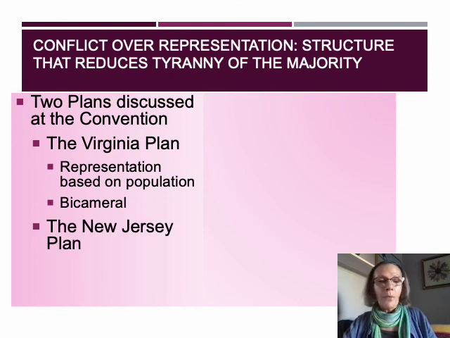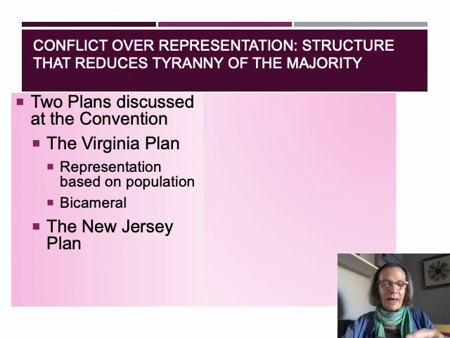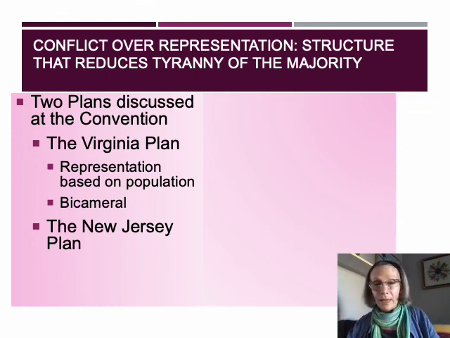The Virginia plan also wanted a parliamentary style of government, where you merge the executive power with the legislative power. The Virginia plan said that Congress would decide who the executive would be.